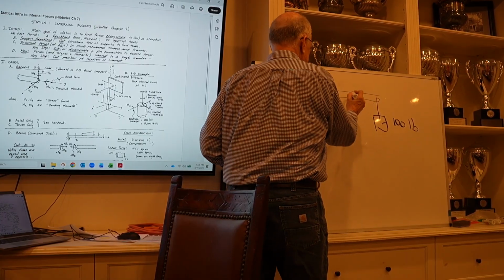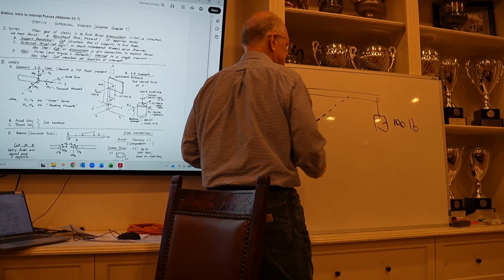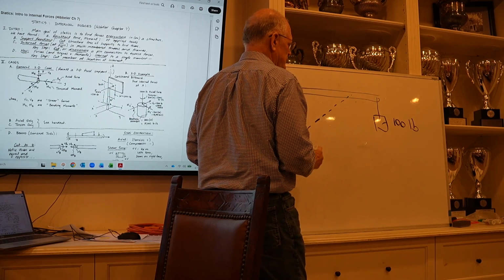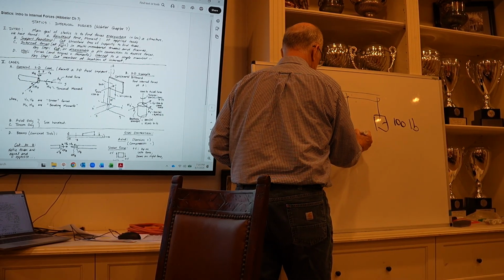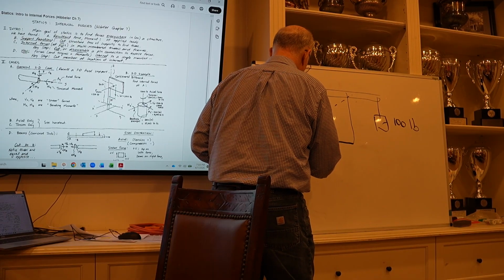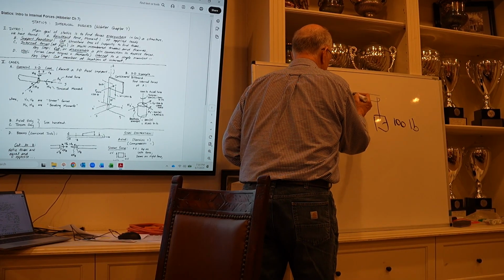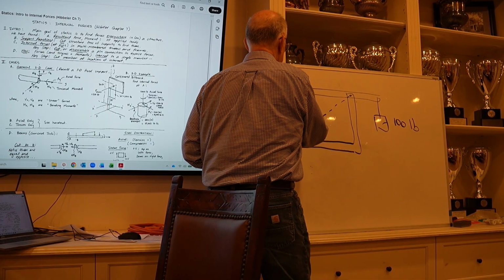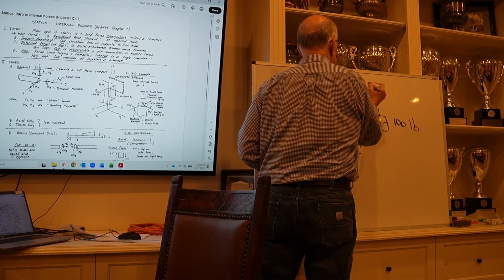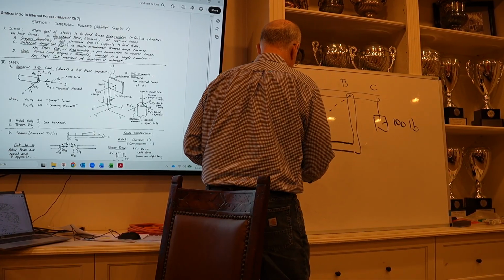You could put a straight 2-force member on this guy, where you've got a single force acting along this member. But what if you have an L-shaped 2-force member? Something like this. So this is A, B, C, and then D.